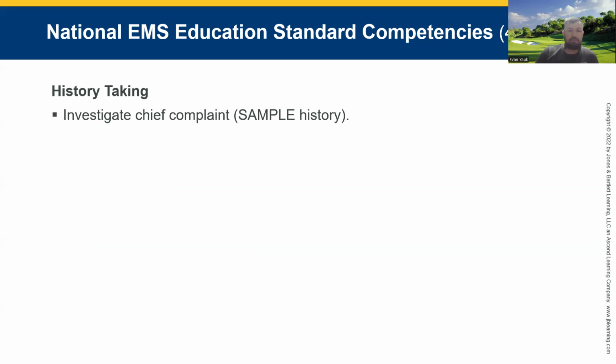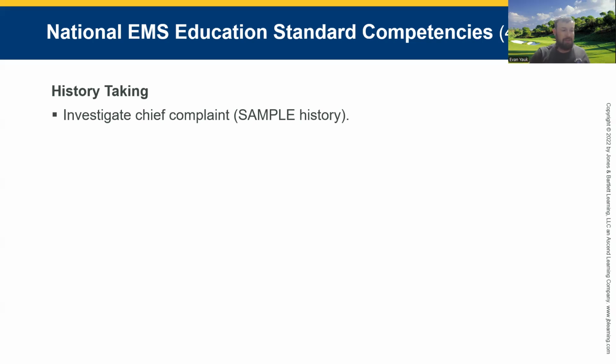History taking, once again, go to my YouTube. There's one on there called AMPLE or SAMPLE, OPQRST. It's investigating the chief complaint and SAMPLE history. I'll get into this in class, but if your patient is alert, they can tell you their chief complaint. They can tell you what's wrong.